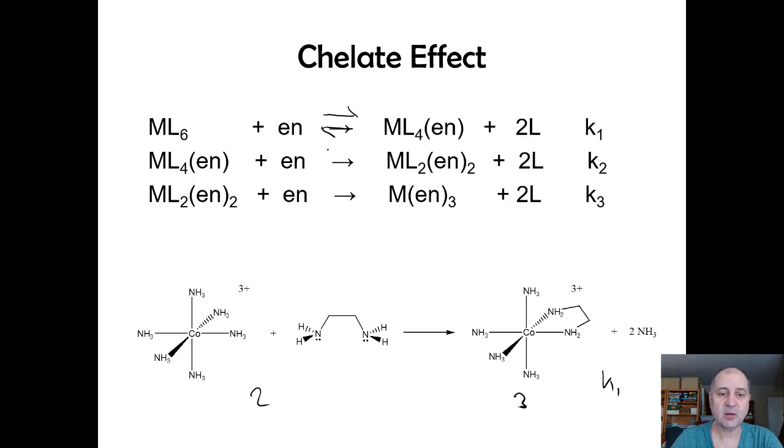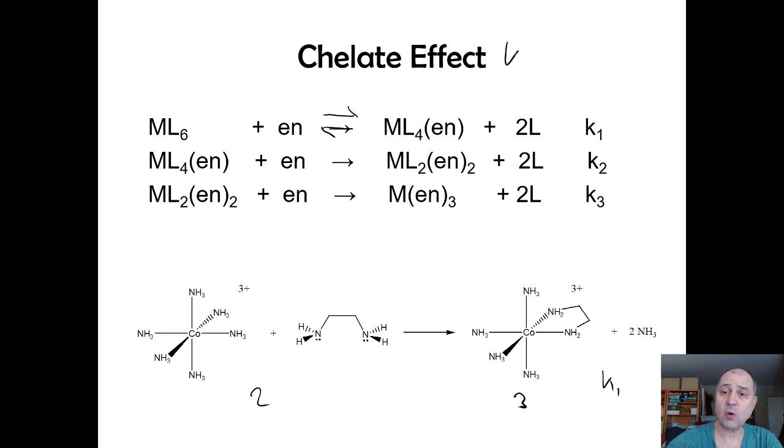So Le Chatelier's principle, right, doesn't go away. If you increase the concentration of ethylene diamine, you are going to shift this equilibrium to the right. But regardless of that principle, all you need to understand is that all of these K's are larger than 1, which means the product sides are favored for all 3.